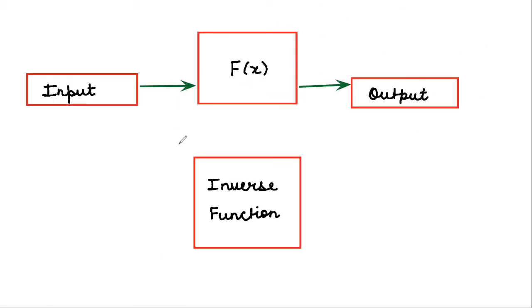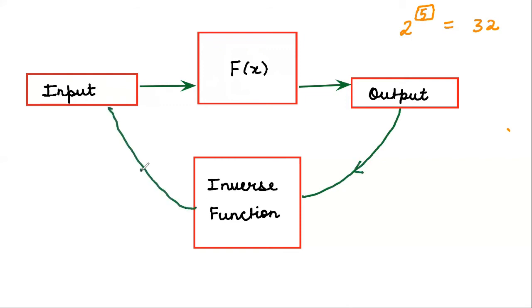So what is the relation? If you're talking about exponents, you have the input and you're searching for the output. For example, 2 raised to power 5: 5 was the input, and what should 2 raised to power 5 be? That was my answer, 32. But when we talk about logarithms, we have the output and we are searching for the input, right? How? Because we are writing it as log to the base 2 of 32. So 32 is the output, I already know the output.